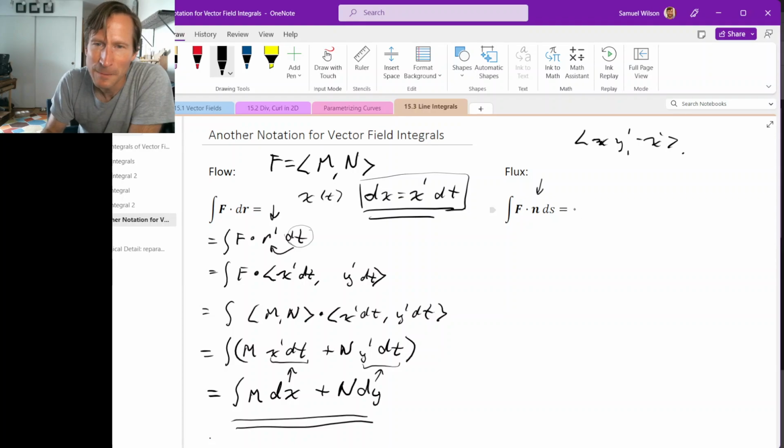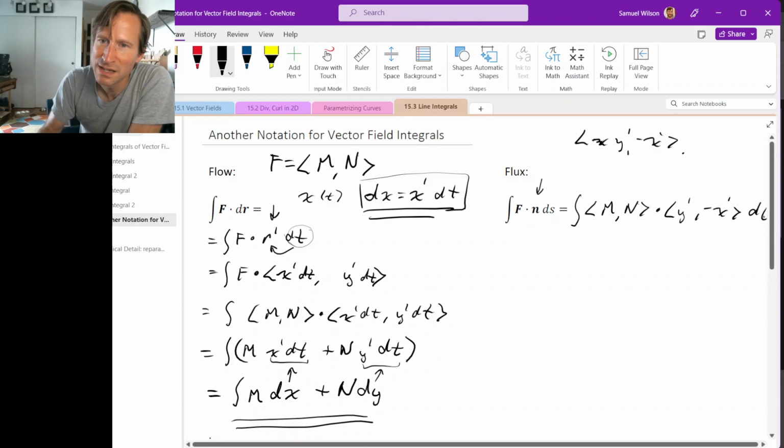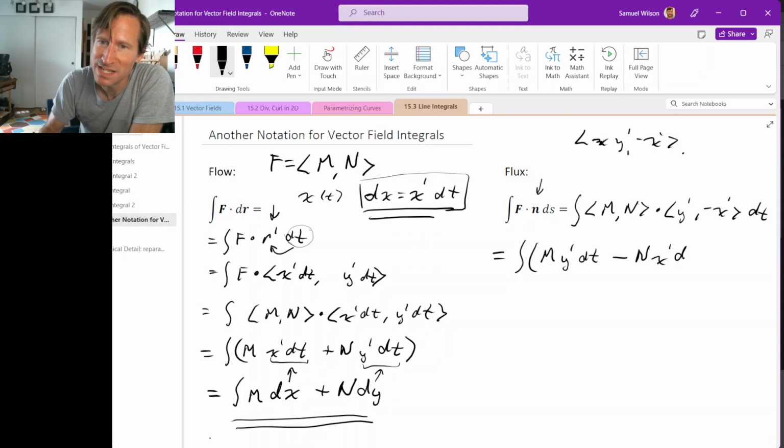But if we play this game that we played with the flow integral, for the flux integral, we get, F is M comma N, and then we need to dot that with y prime comma minus x prime dt. And then when we do this dot product, we get the integral of M y prime dt minus N x prime dt.